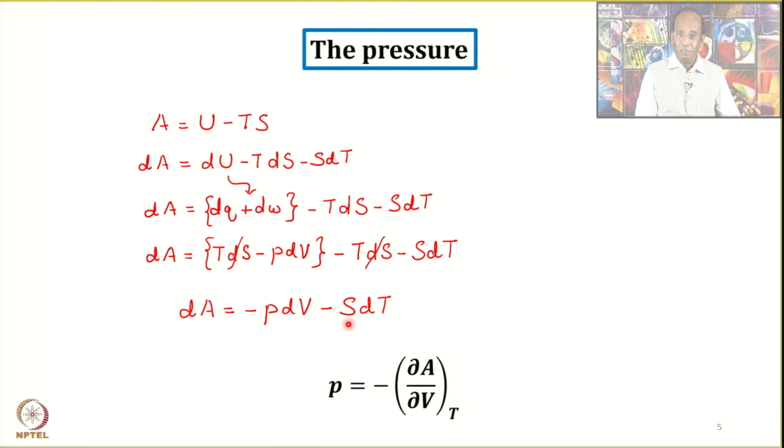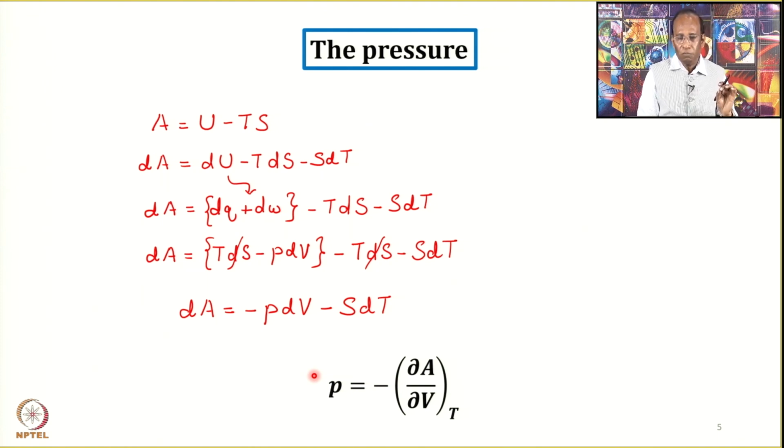That means by using this expression, you can obtain pure thermodynamic definitions of pressure and also of entropy. At present, we are interested in pressure. So, we keep temperature constant. If you keep temperature constant, then dT is equal to 0 and del A by del V at constant temperature is equal to minus P, or in other words, P is equal to minus del A by del V at constant temperature. This is a pure thermodynamic definition of pressure.